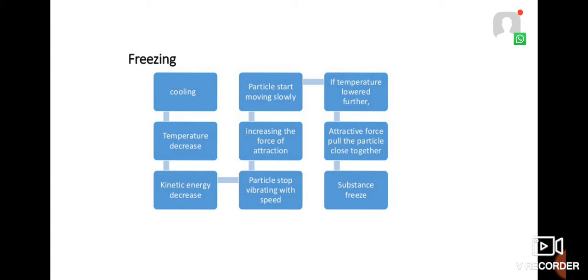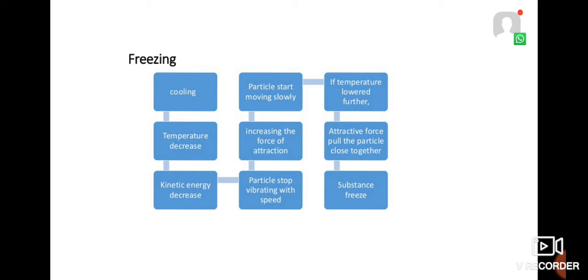Now, just opposite to that, we deal with freezing. Freezing is the process by which a liquid will change into the solid form. What happens? When you cool the liquid, temperature is decreasing. With decrease in temperature, kinetic energy will decrease. Thus, the particles will stop vibrating. Their speed has decreased.